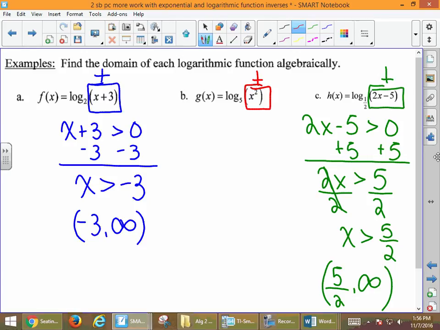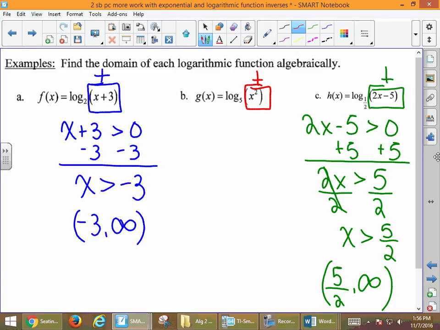If you square 4, you get 16. If you square 5, you get 25. If you square 10, you get 100. What happens if you square negative 4? What kind of answer do you get? Positive 16. If you square negative 5, you get positive 25. If you square negative 10, you still get positive 100.